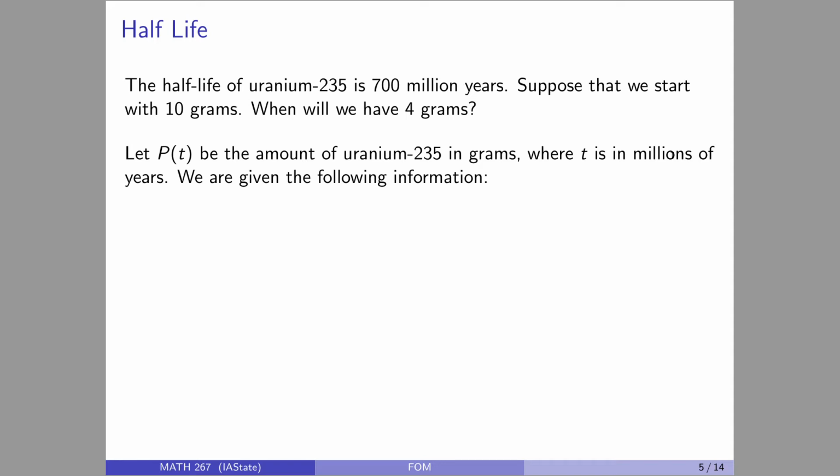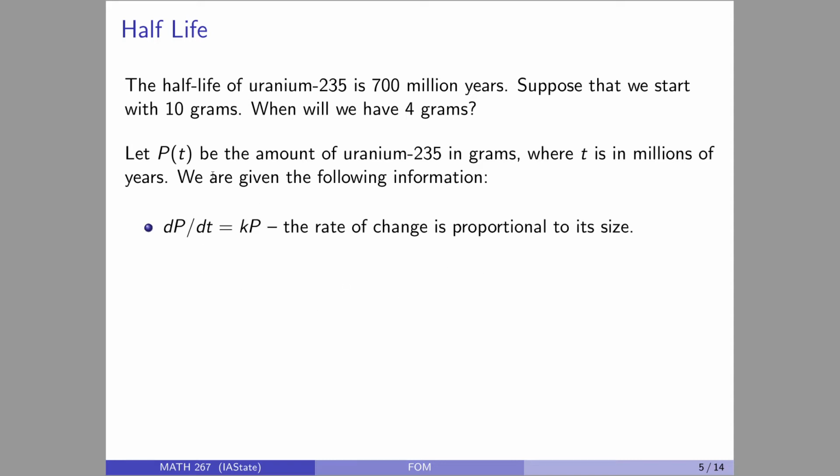You could let T be years, but that would mean that, well, the half-life is 700 million, so you would have 700,000,000,000. If you want to do that, fine, but for us, we'll not deal with that. So we'll keep T in terms of millions of years, which means that I was told the following information.